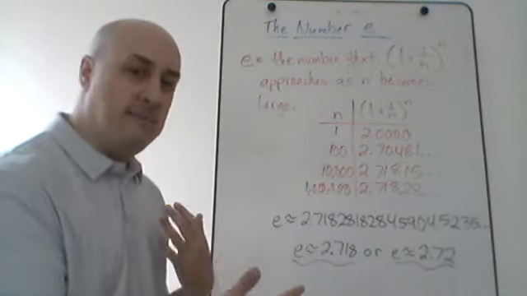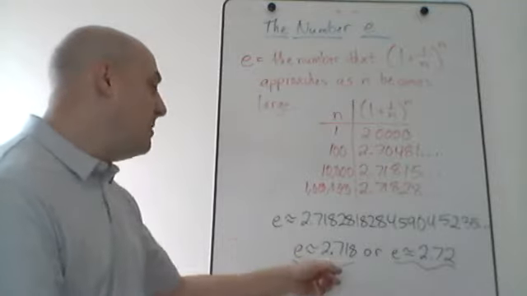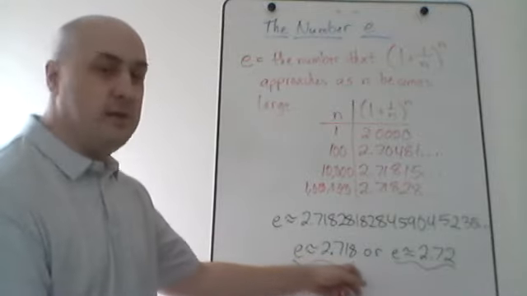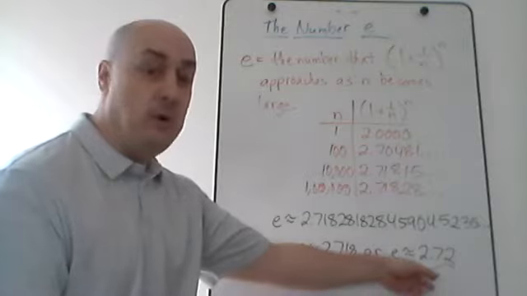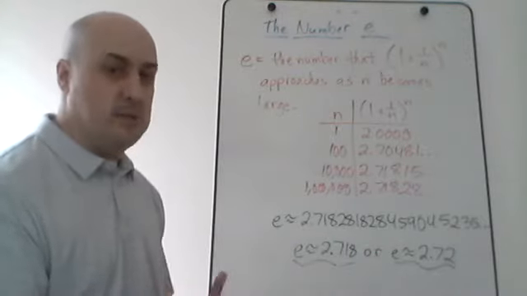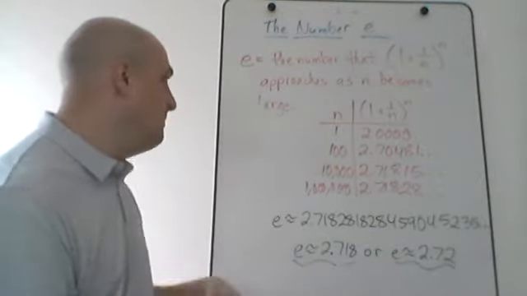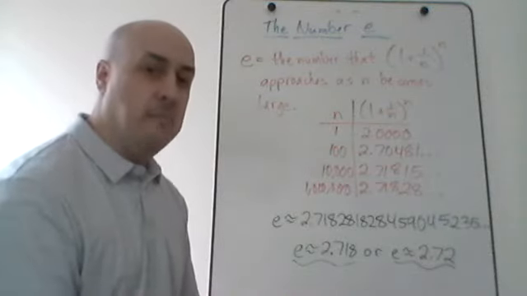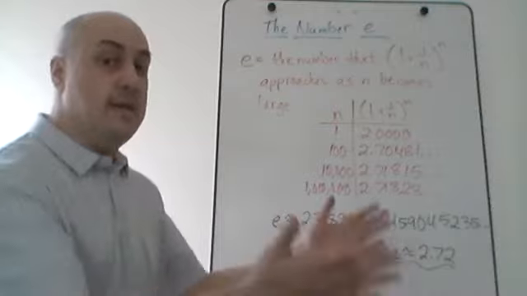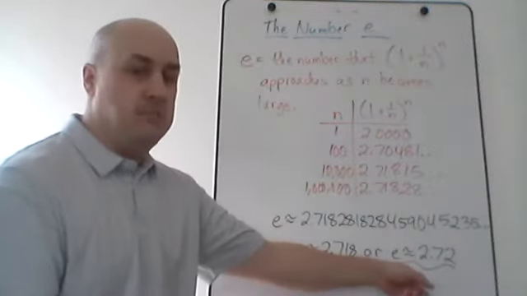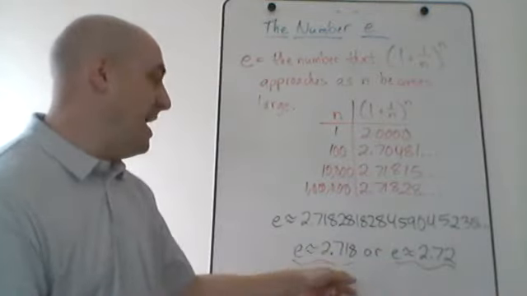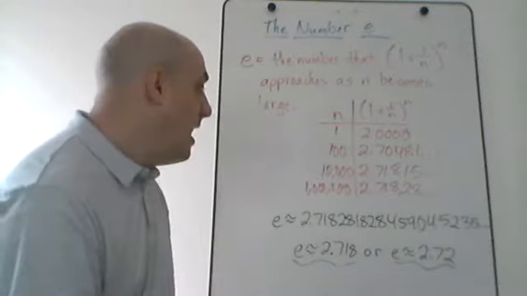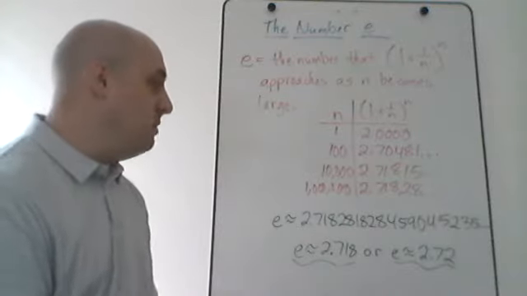For e, if you remember that e is approximately 2.718 or even just 2.72, those are good approximations, so that when you see e in a problem, you know that's about 2.72. It's not some mystery number. It's approximately 2.72, or 2.718 if you can handle that extra decimal place. So that's the value of the number e.